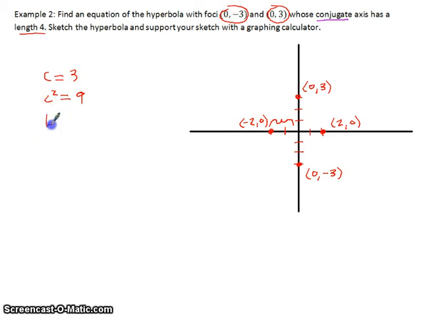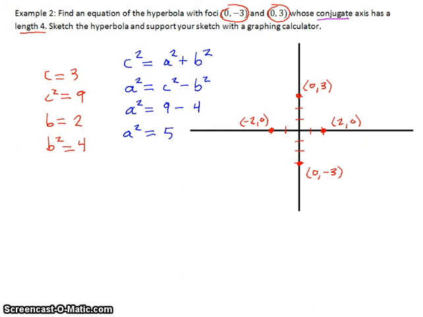That means that b is equal to plus and minus 2, which means that b squared is equal to 4. So we have that a squared is equal to 5 based off of our Pythagorean relation. We know that for a hyperbola, c squared is equal to a squared plus b squared. So to find the a value, I subtracted b squared from both sides, and we have a squared equals c squared minus b squared. We have c squared, we have b squared. That means that a squared equals 5.